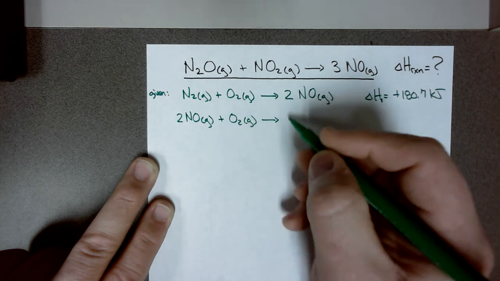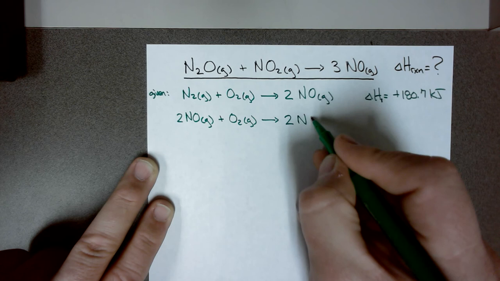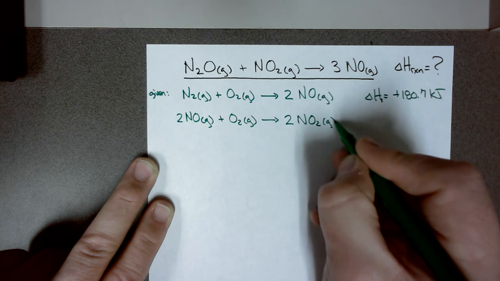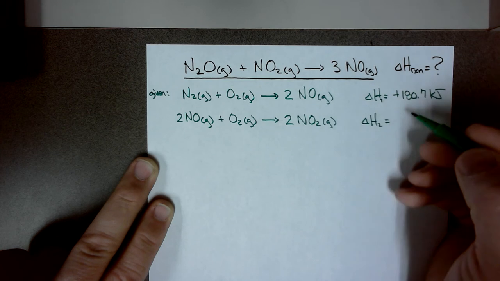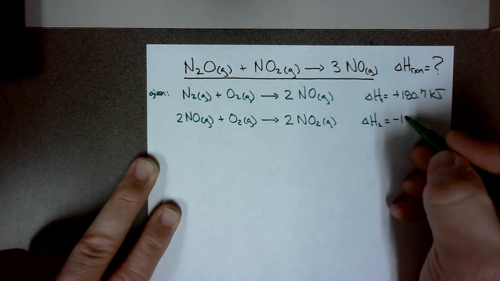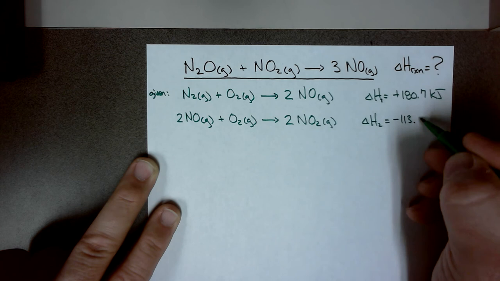produces 2 moles of nitrogen dioxide gas. And that has a delta H value, reaction 2, of a negative 113.1 kilojoules.